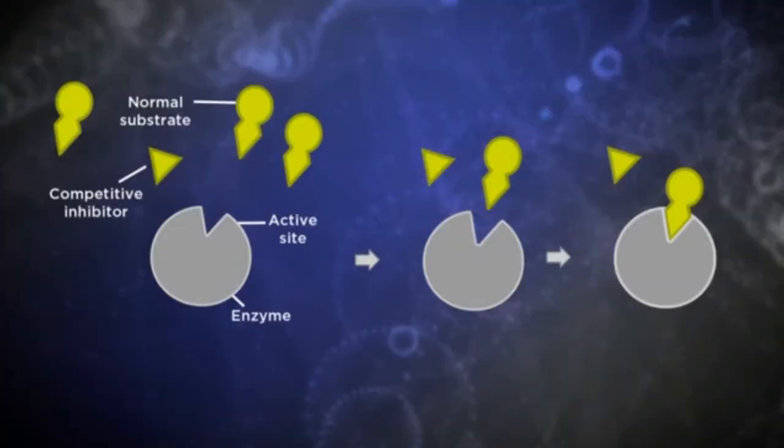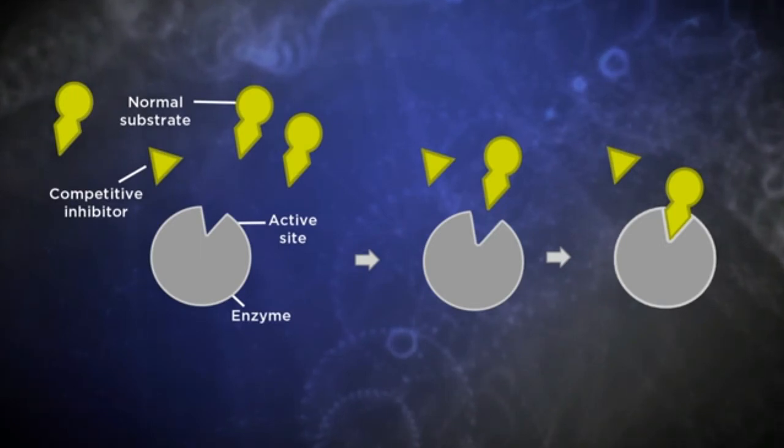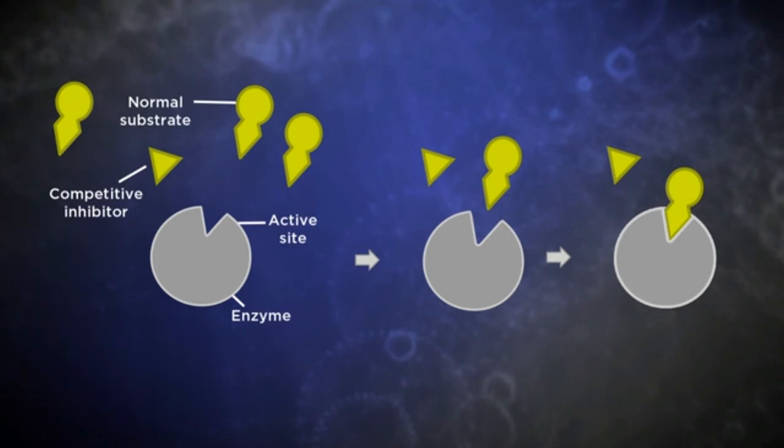Now, the extent of inhibition depends on the relative concentrations of the inhibitor and the substrate. Since the inhibitor molecules and the substrate molecules are aiming for the same active site, much like ATP and CTP were competing for the same allosteric binding site of ATCase, if there are more substrate molecules than inhibitor molecules, the chance that the active site will bind substrate will be higher.